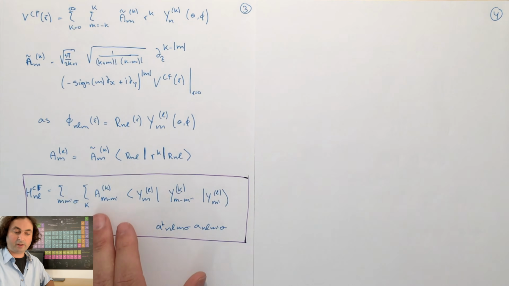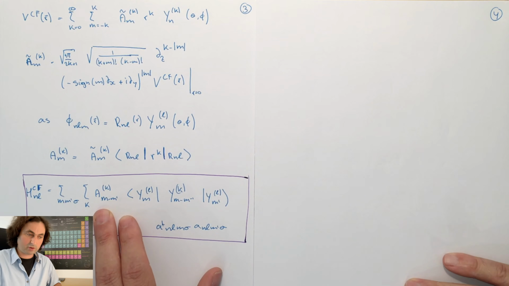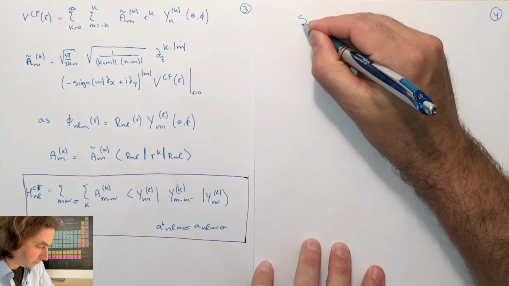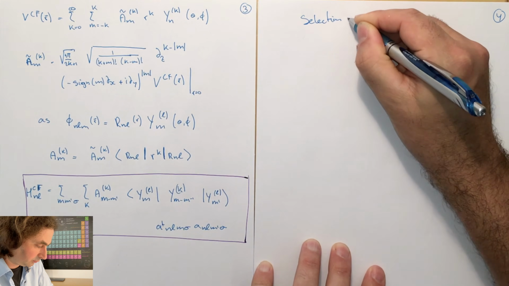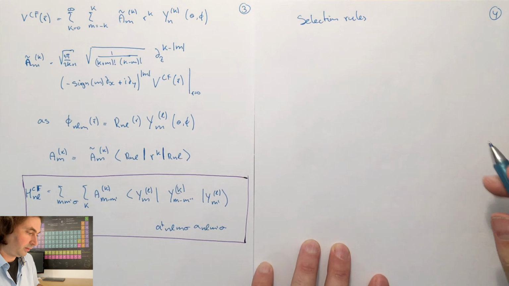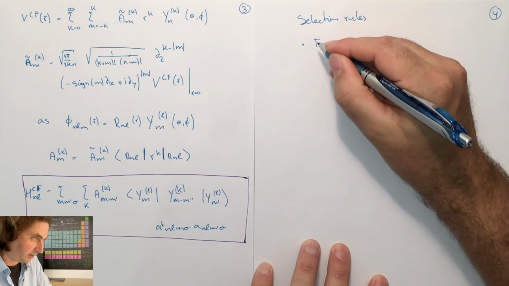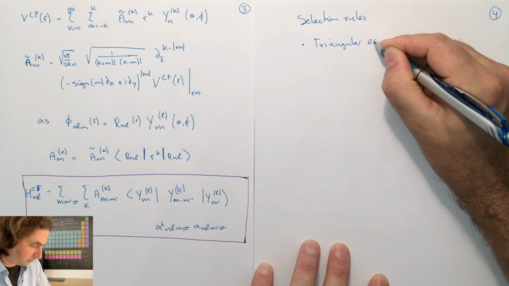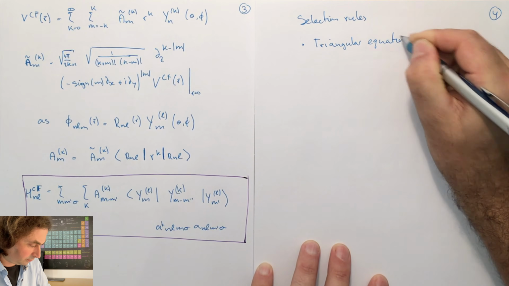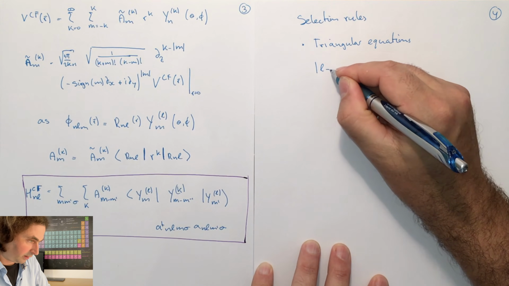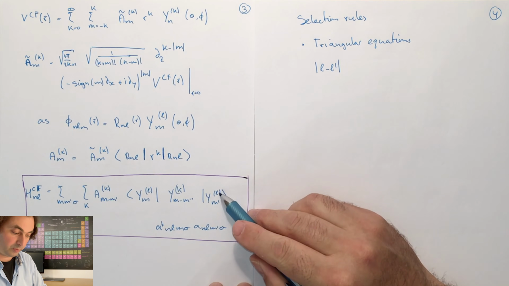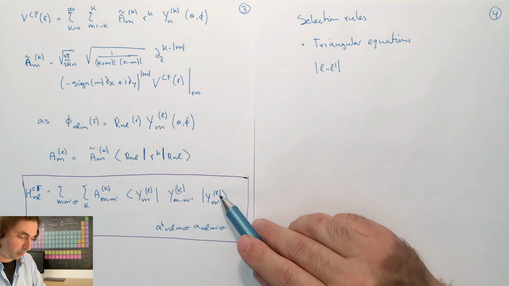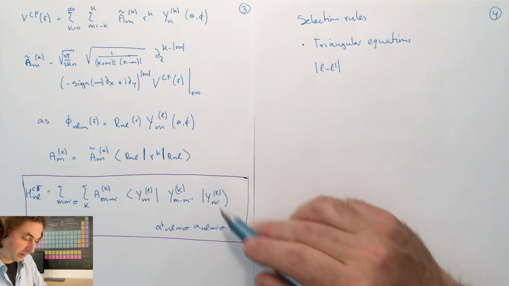Now, when you do this, we can realize that we have clear selection rules for these parameters A_mk. For the selection rules, we know that we have the triangular equations, which tell you that L minus L prime, so let's assume that we do not only have a look at inside one L shell, but we can have two open shells, then L and L prime would be here.